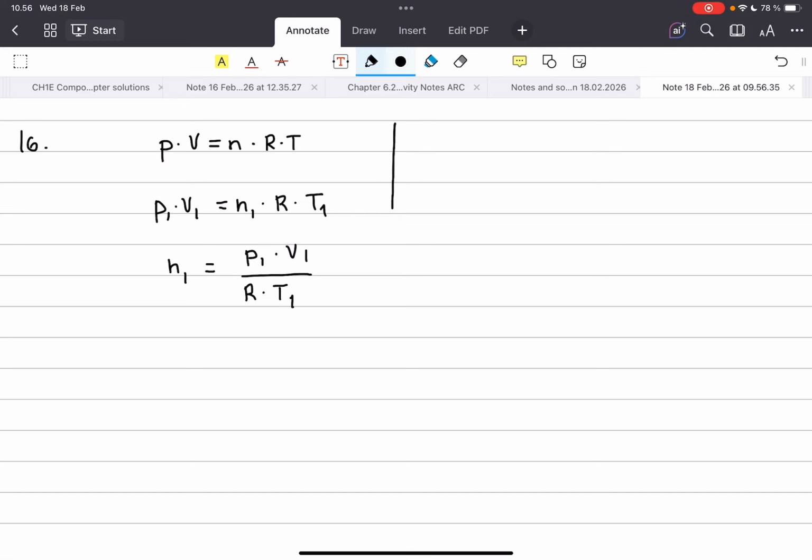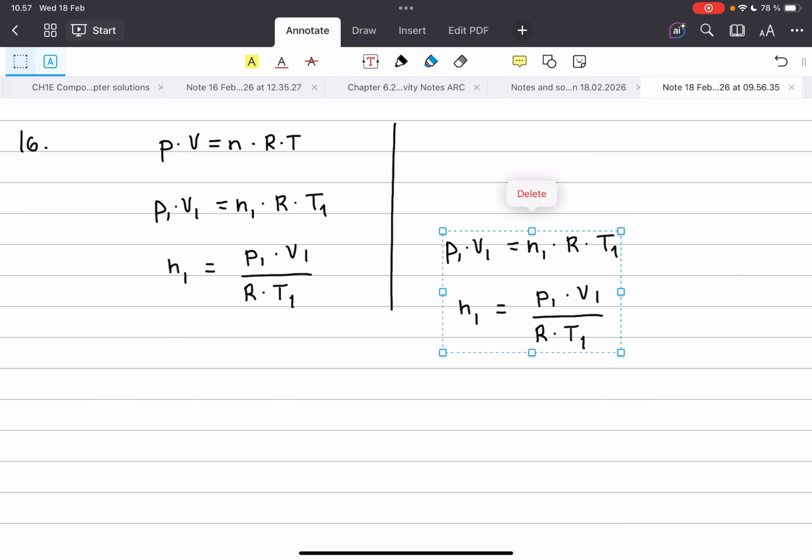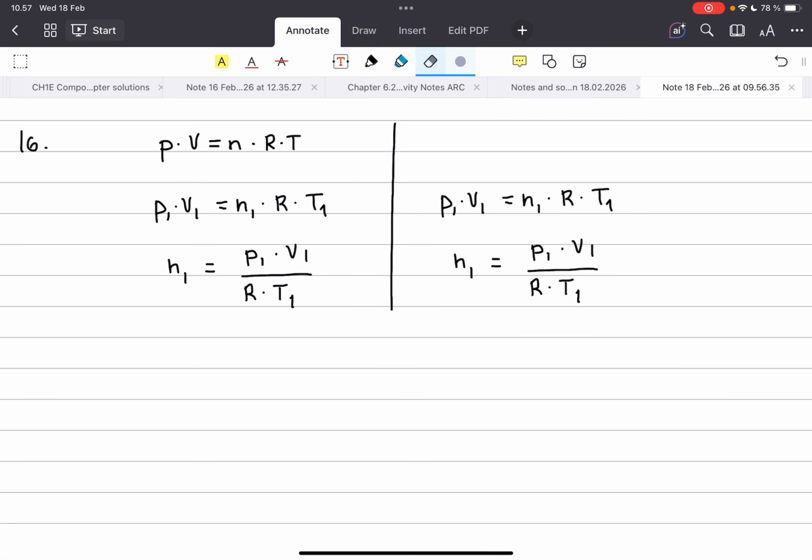Now let's work with the other container. So similarly to the first one, the other container will also have, now we call it P2, V2, N2 R T2. So N2 will be P2 V2 divided by R T2.